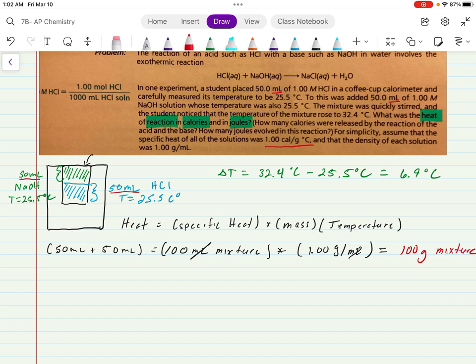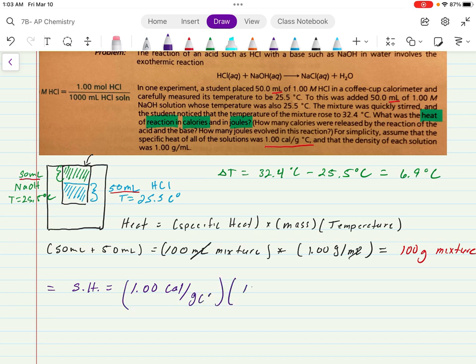Now, we've already calculated our temperature change, and then it says our specific heat is equal to 1.00 calories per gram degrees Celsius.